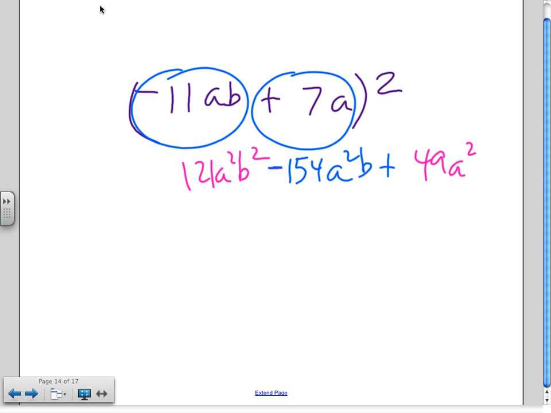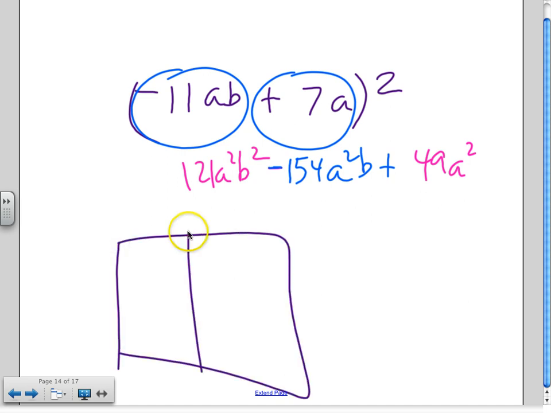If you can't see it like that, just do me a favor and set up a box. That means you have negative 11ab right here and 7a right here, negative 11ab and 7a. It's a lot easier when you see it like this. Then fine, do it like that.